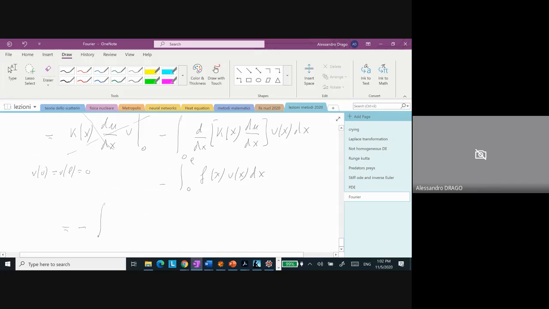get minus integral between 0 and L, and we get the derivative with respect to x of k of x du over dx, and the other piece is plus f of x, all this multiplied by v of x dx.